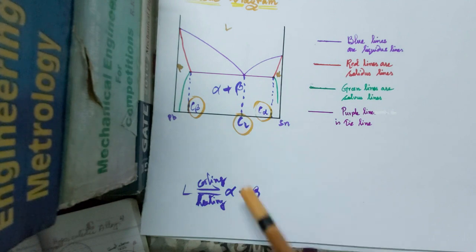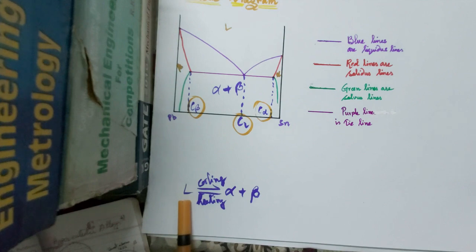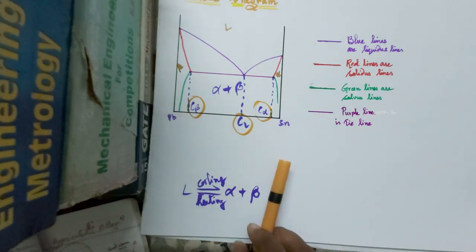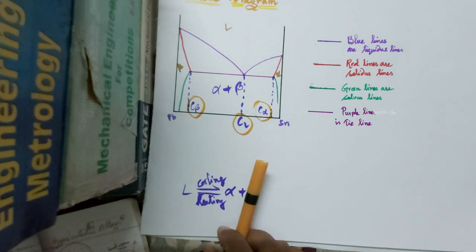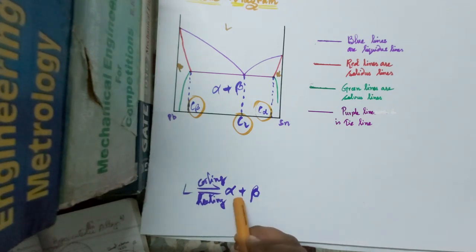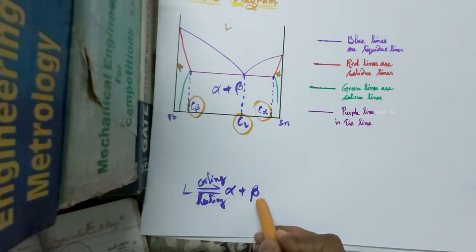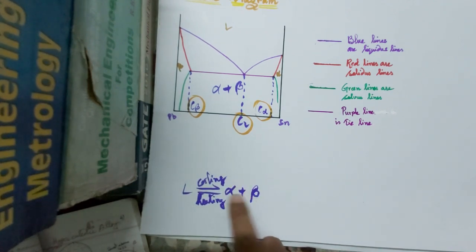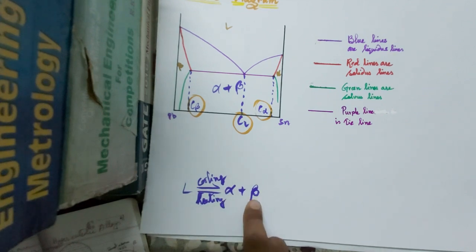By heating these two different phases, we are converting them into liquid. In the case of water and ice, we have only two different phases: one is water, another is ice. But here we have three different phases. When we remove the latent heat from water, it is converted into a single phase, that is ice. But in this case, as these are not soluble in each other, they are converted into two different phases: one is alpha phase, another is beta phase.